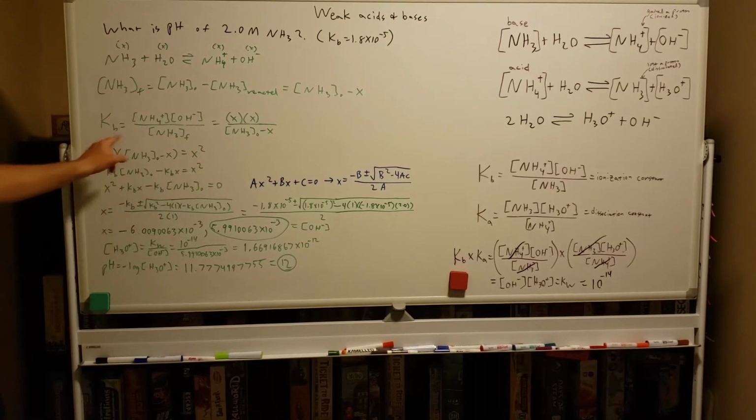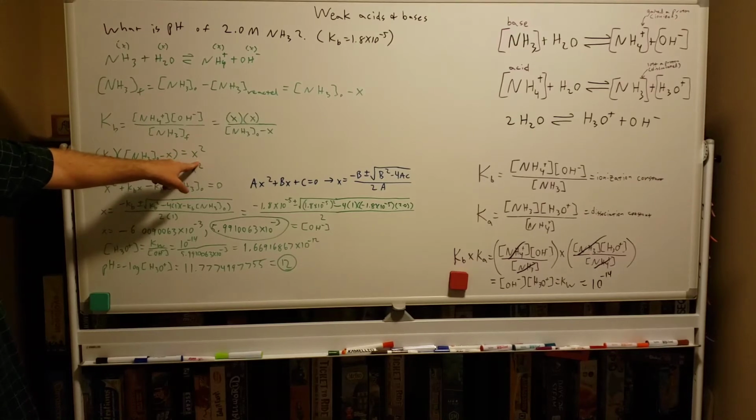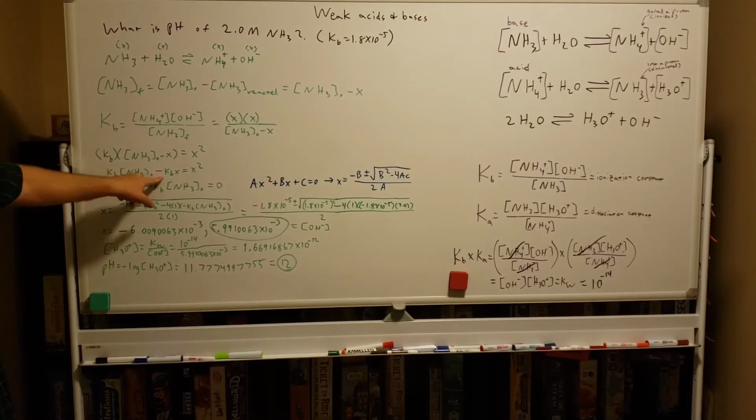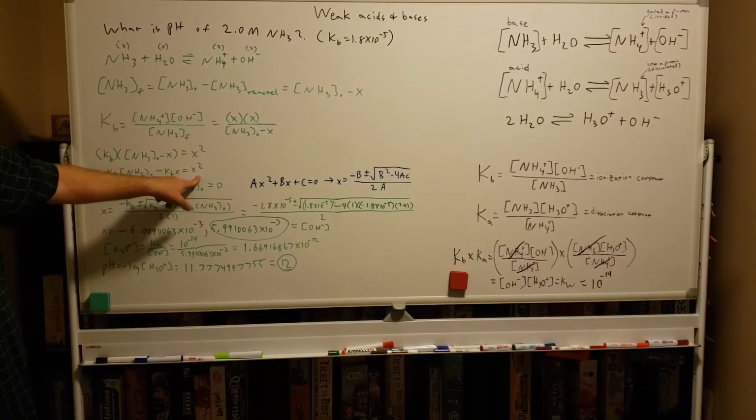If I multiply through, my ionization constant multiplied by the final concentration of ammonia is equal to X squared. The ionization constant multiplied by my initial concentration of ammonia minus the ionization constant times X is equal to X squared.